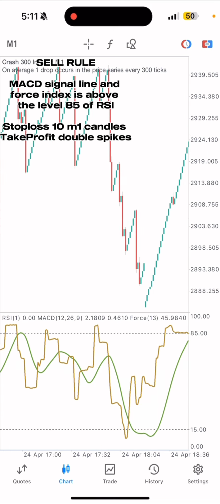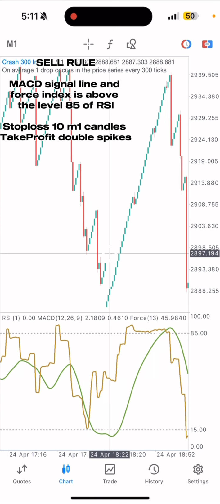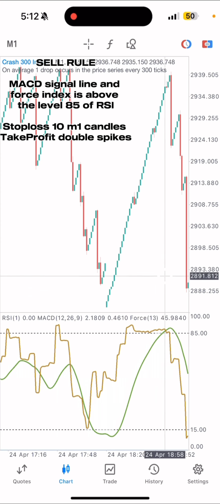I want a perfect example to show you like this. As you can see, when the MACD and the force index both crossed each other right above the 85 level, they are not necessarily supposed to cross, but they are supposed to be above the 85 level of the RSI. Then you're going to experience a spike.